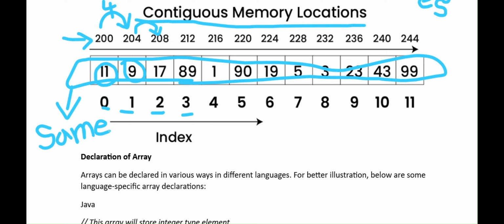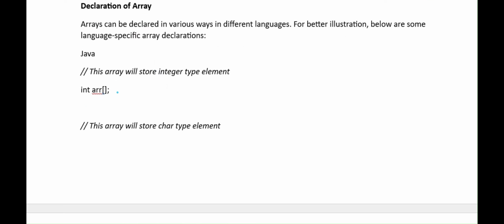Let us see how we declare an array. In Java, we declare an array as int, array name, and square brackets. First of all, we declare the data type. If it is int, we declare int. If it is float, we declare float.